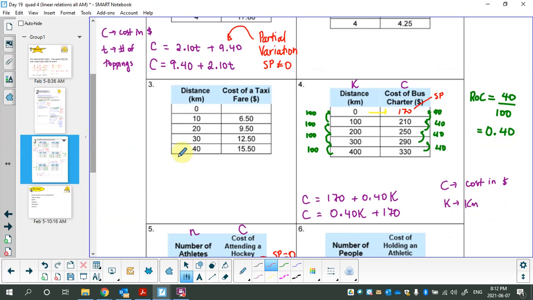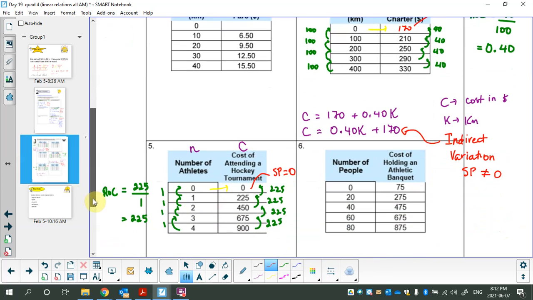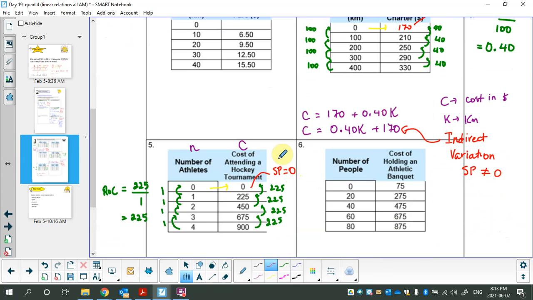With this one, this is an example of partial, or if you prefer, indirect variation. The reason is always the same. The starting point is not 0. And with this question, we have a starting point of 0. That means we have direct variation.